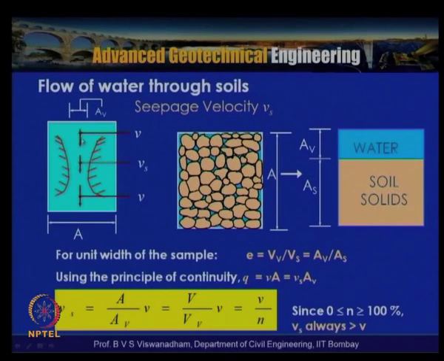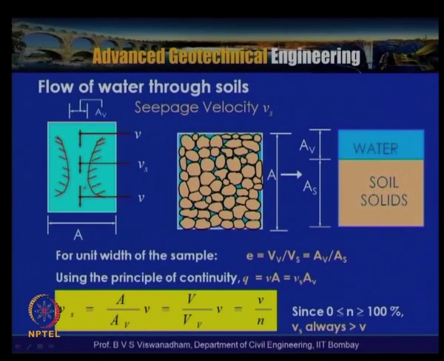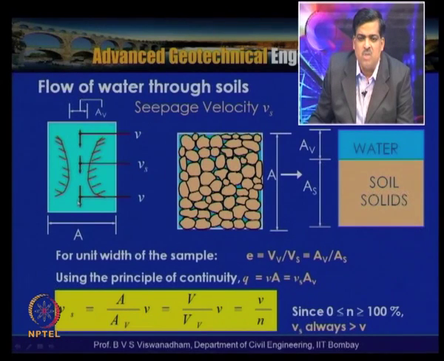So here before entering, the velocity is V, and here the velocity within the voids is called the seepage velocity. Again, once it crosses the void, it is the discharge velocity.